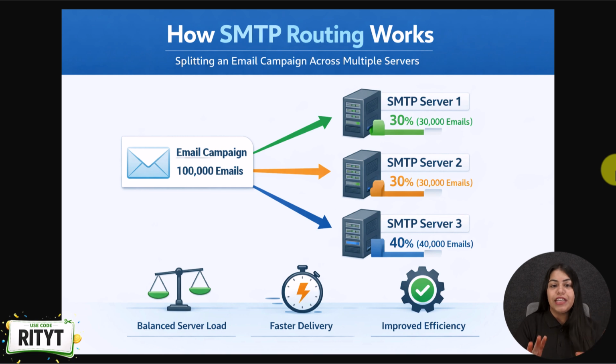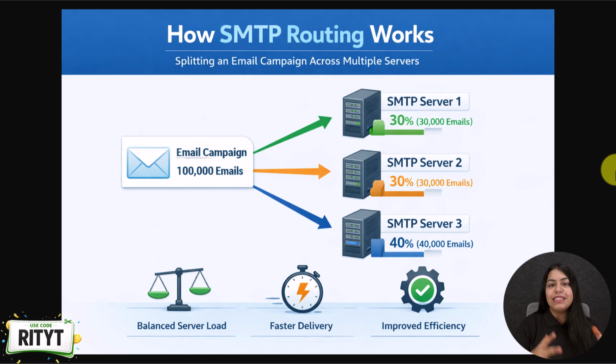Instead of relying on just one SMTP server, you can connect multiple SMTP providers and distribute the sendings between them. You can think of this as combining multiple batteries to power your device. One small battery alone may not be enough to run a powerful device, right? But when you combine multiple batteries together, you can generate enough power.